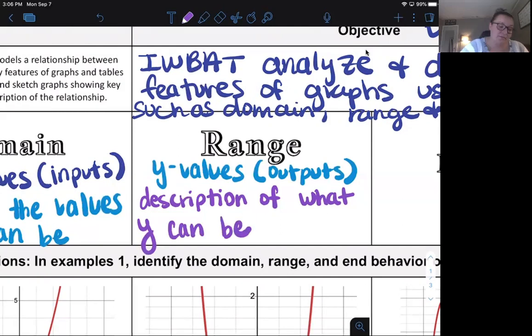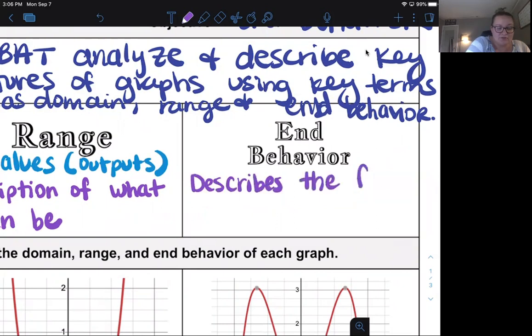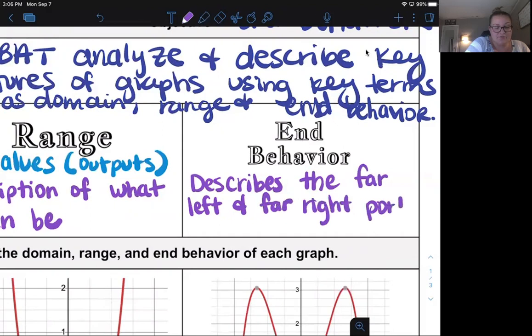All right, let's go ahead and talk about our end behavior then. So end behavior is another way to describe the graph. It's a way to describe the graph's behavior, or what the graph does to the far left and the far right portions of a graph.